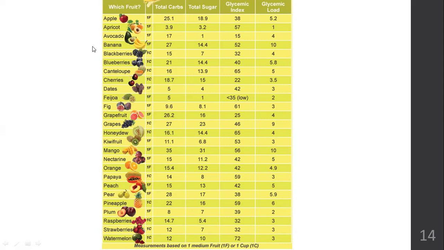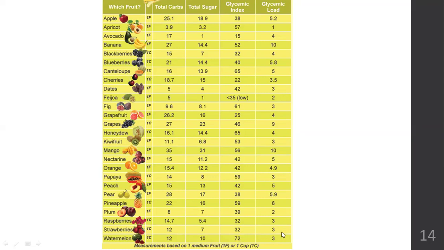Glycemic index is rank, glycemic load is the quantity. Okay. For example, watermelon, the glycemic index is 72. It will not change. Glycemic index will not change.